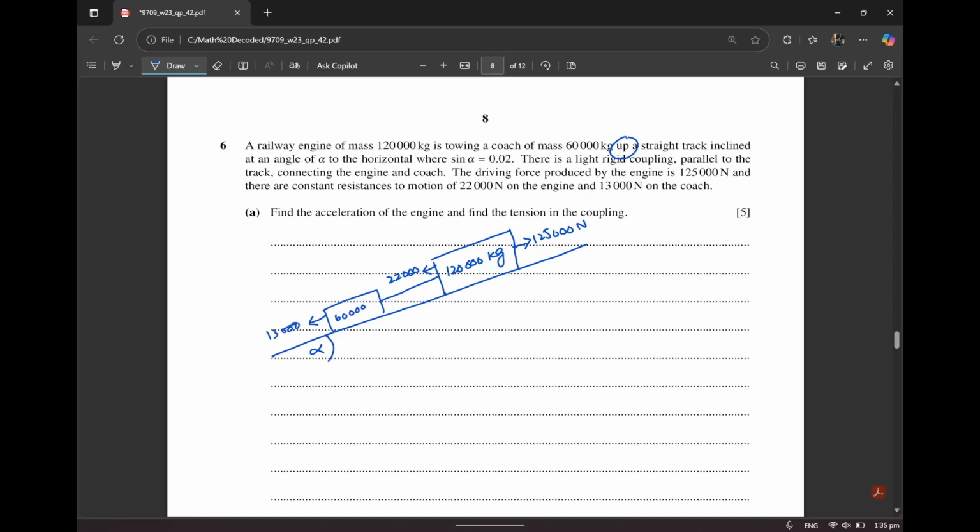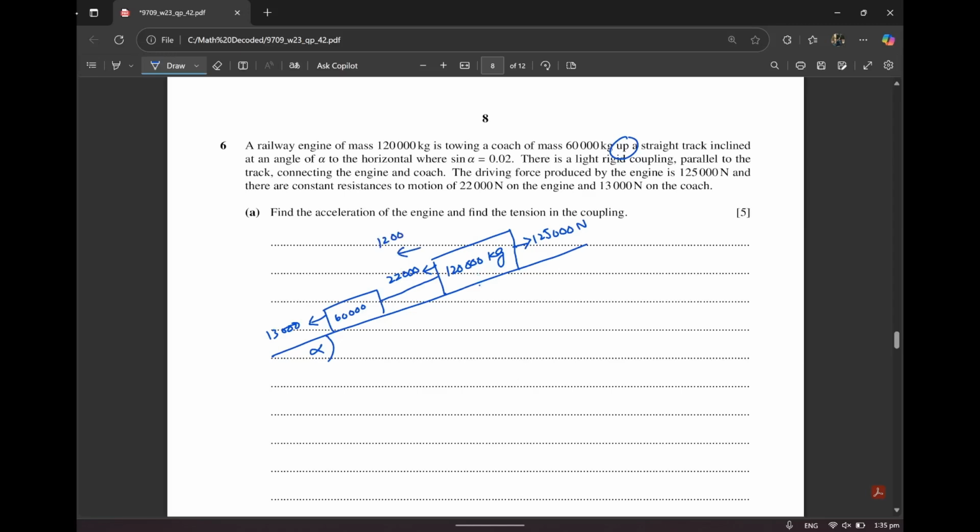All right. Now we know their masses, so this is going to become 120,000 G cos alpha. We don't need these components actually, we just need the components along the slope.